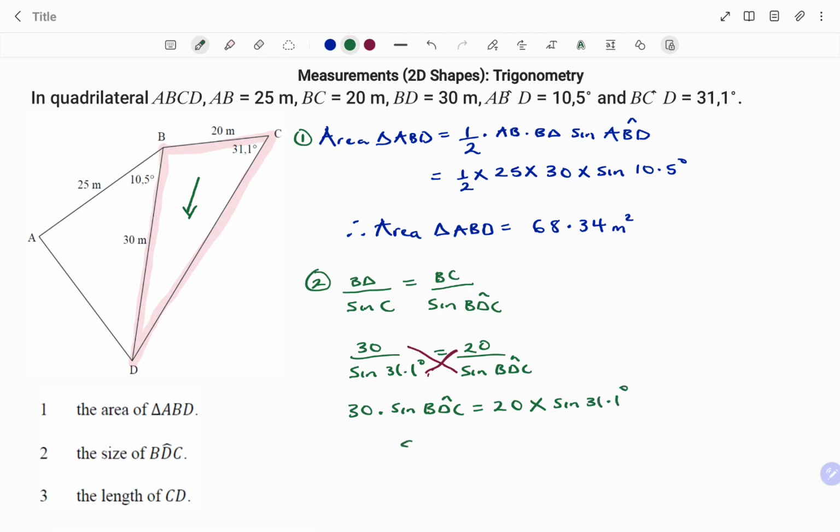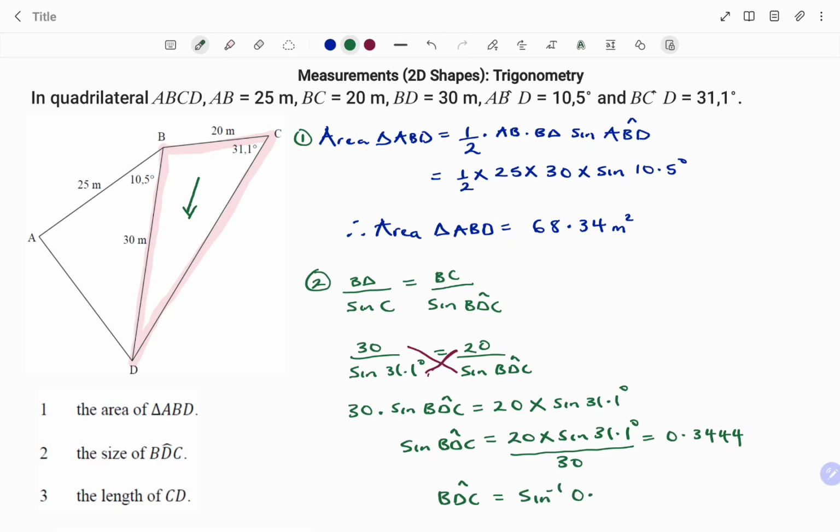So therefore, to find sine BDC, I'm going to divide both sides by 30. So I have 20 times sine 31.1 degrees divided by 30. That will give us 0.3444.